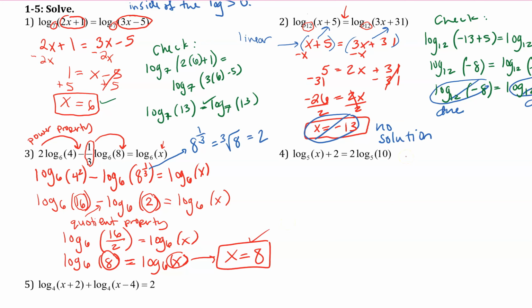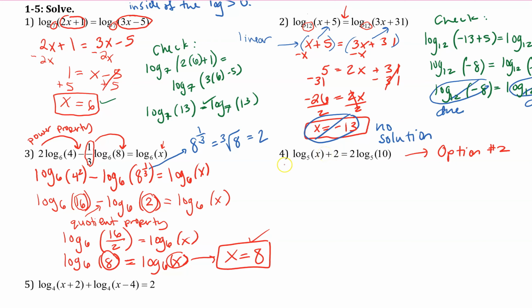Moving on to example 4, this one more matches the option 2 scenario, where not every single piece had a log. So what I'm going to do is get 1 log on one side and leave this 2 where it is.